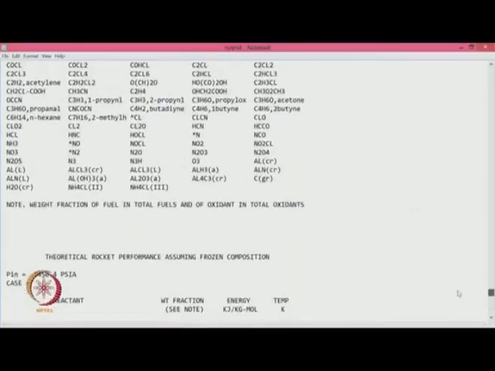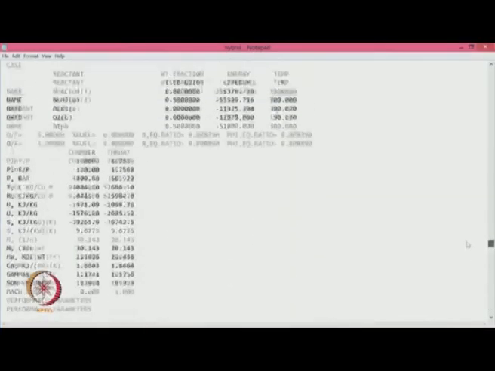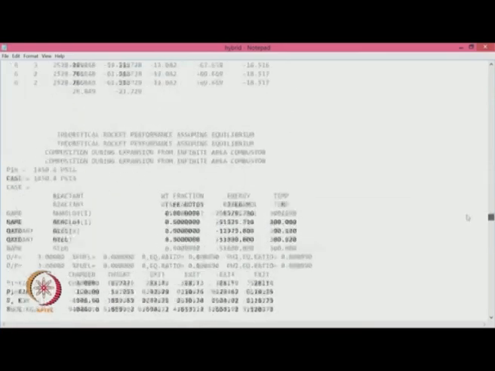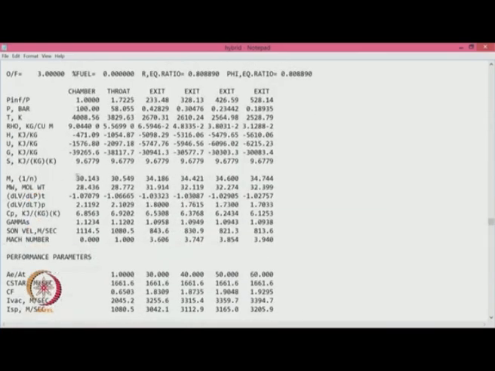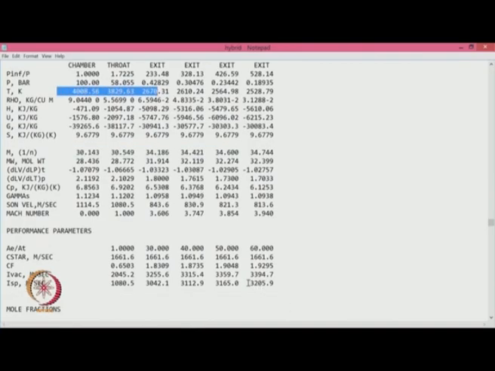Now, if you go to an O by F of 3, the molecular weight has increased to something like 30, and the chamber temperature is 4000, but the ISP you will get is lower. Okay.